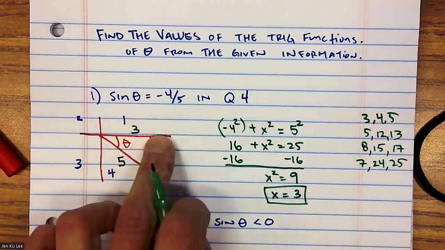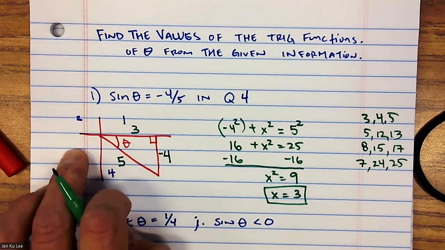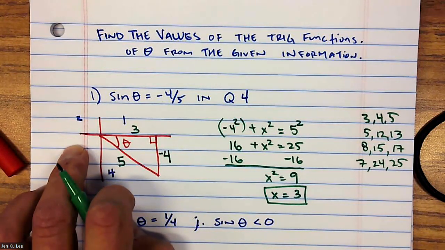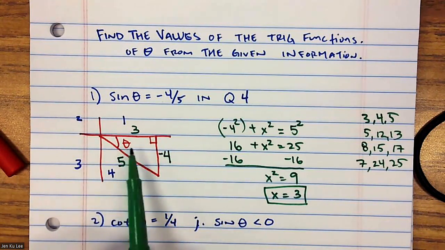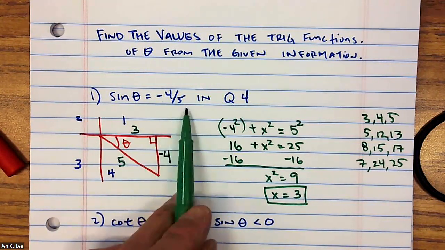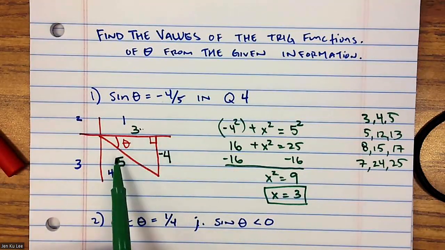Okay. So from this triangle, can we figure out all 6 trig functions? Yes. Do we have to go over them? I'm just going to say it, I'm not going to write it down. Sine is -4 over 5. Cosine is x over r, so that's 3/5.